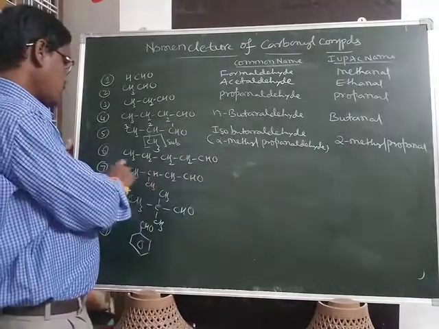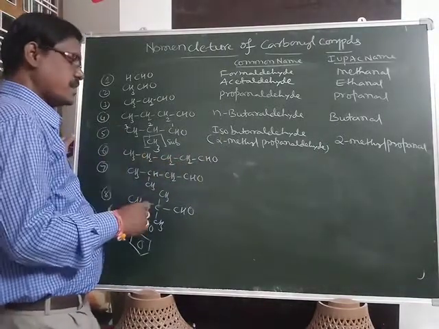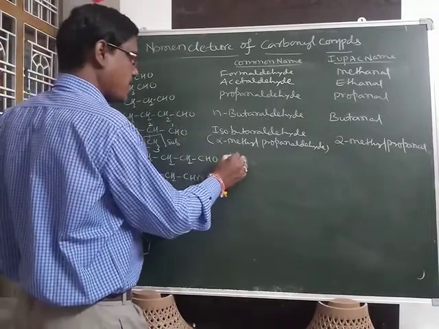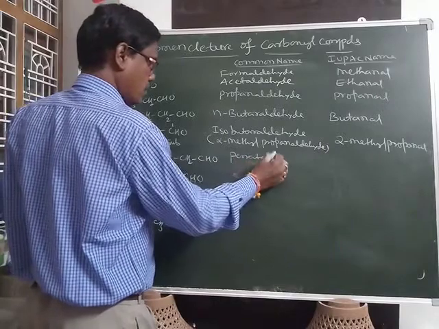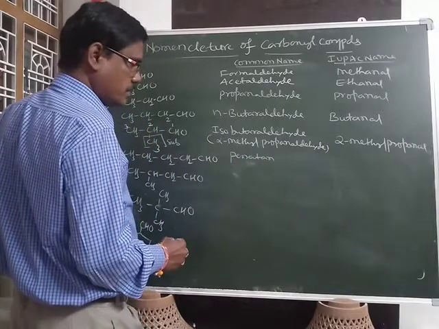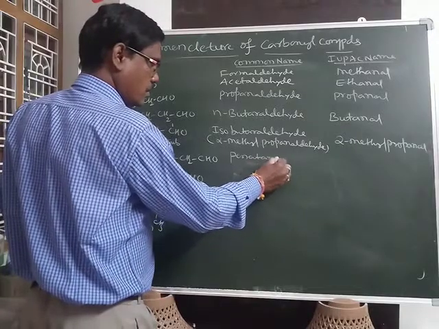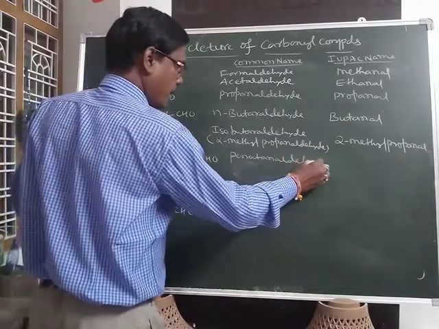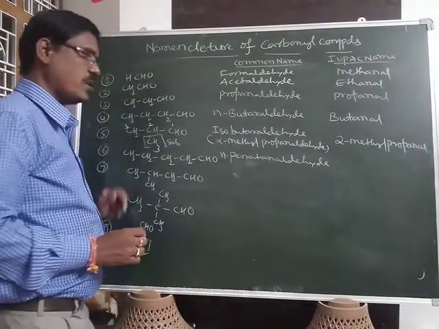Now this one, the sixth, is a straight chain, 1, 2, 3, 4, 5 carbons containing, that is known as pentanaldehyde. Pentanaldehyde is a straight chain, N-pentanaldehyde.